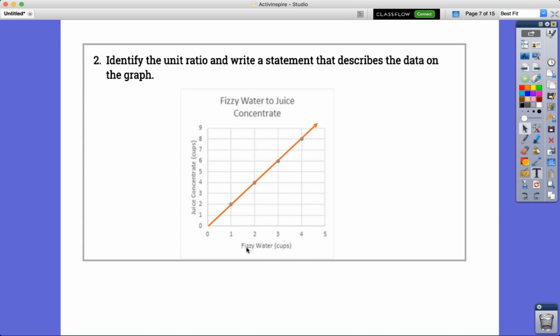So let's take a moment and look at the graph. We have cups of fizzy water, and we have cups of juice concentrate. So we're comparing fizzy water to juice concentrate. I also want you to label your X and your Y axis, and I want you to label this as independent variable and dependent variable.